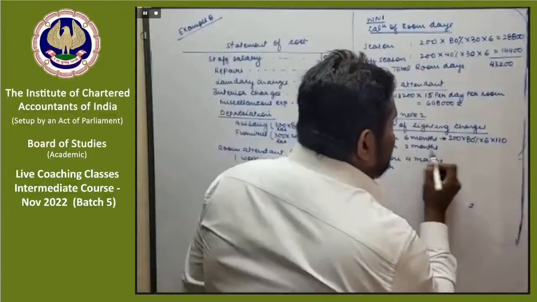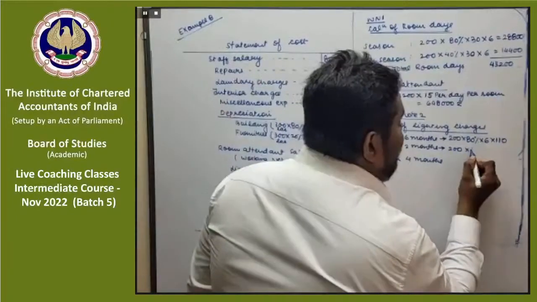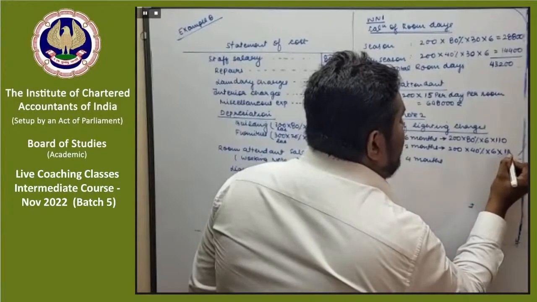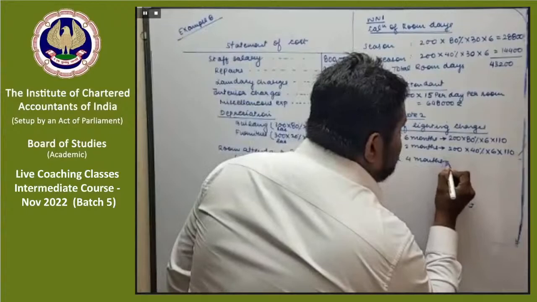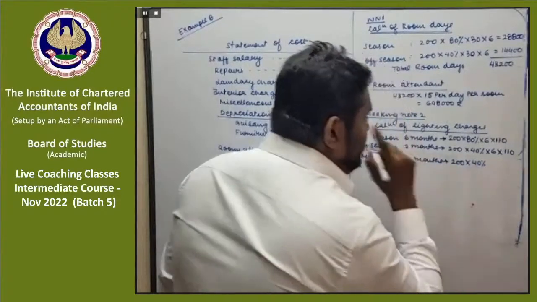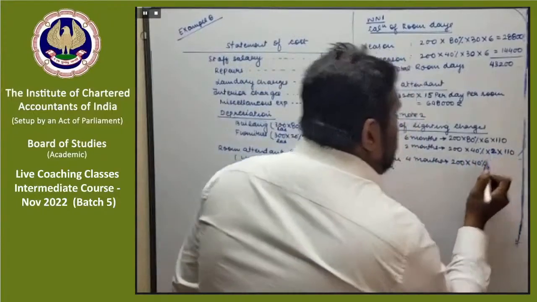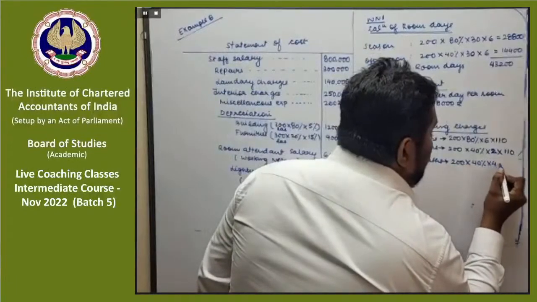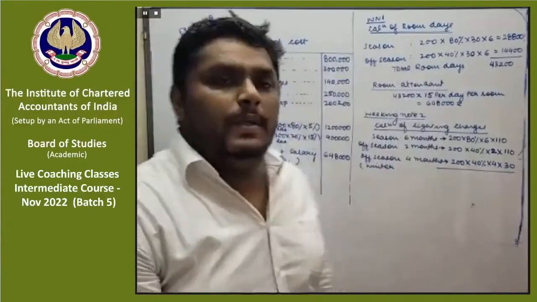Further, in off season for 2 months, 200 into 40% occupancy into 2 months into 110. In the off season for 4 months, 200 into 40% into 4 months into 30. This is how the calculation will be made.